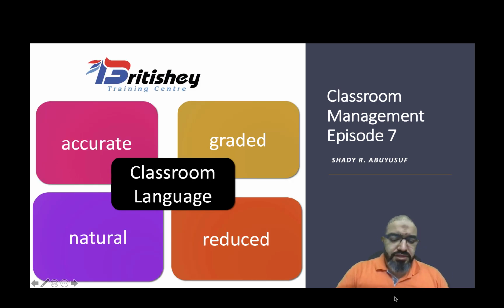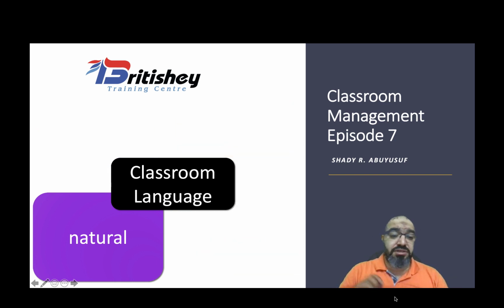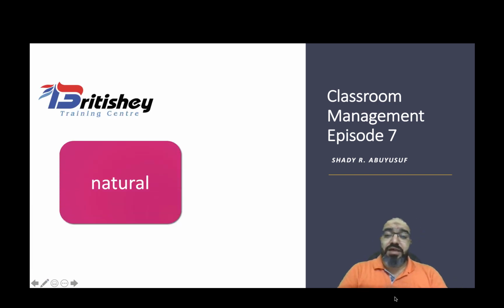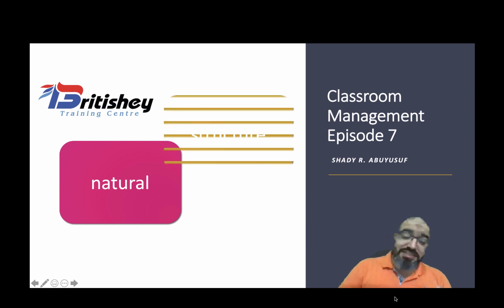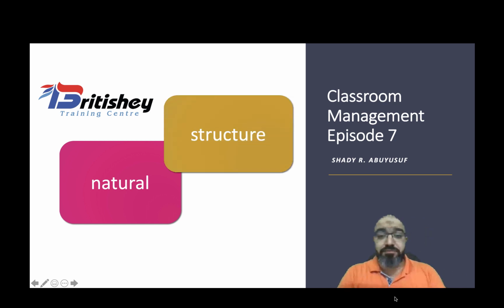Right. So back to the four characteristics. So we said accurate, graded, natural, reduced. And let's now talk about natural. What do we mean by natural classroom language? Okay, and we say natural in terms of structure.